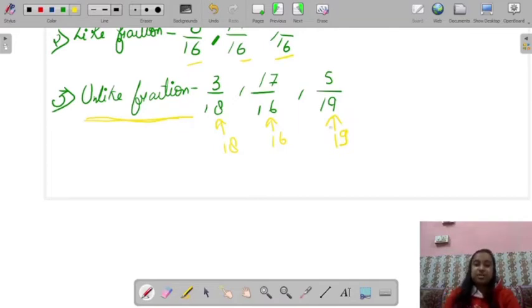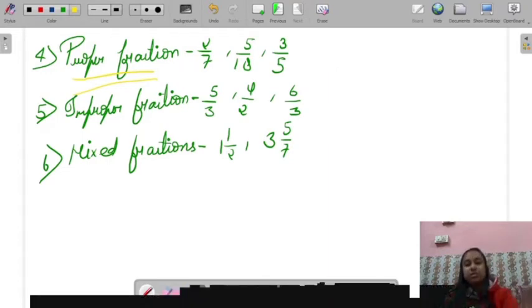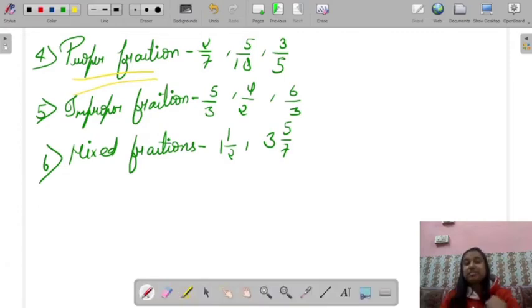Okay. So let's move forward to the next type of fractions, which is proper fraction. What are these proper fractions? See, in case of a proper fraction, the number which is above the fraction line is always going to be smaller than the number which is below the fraction line, as you can see in these examples.